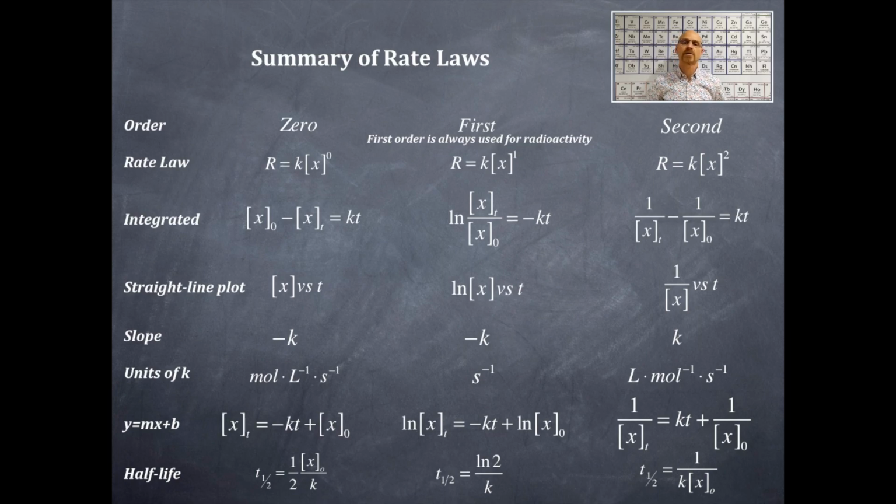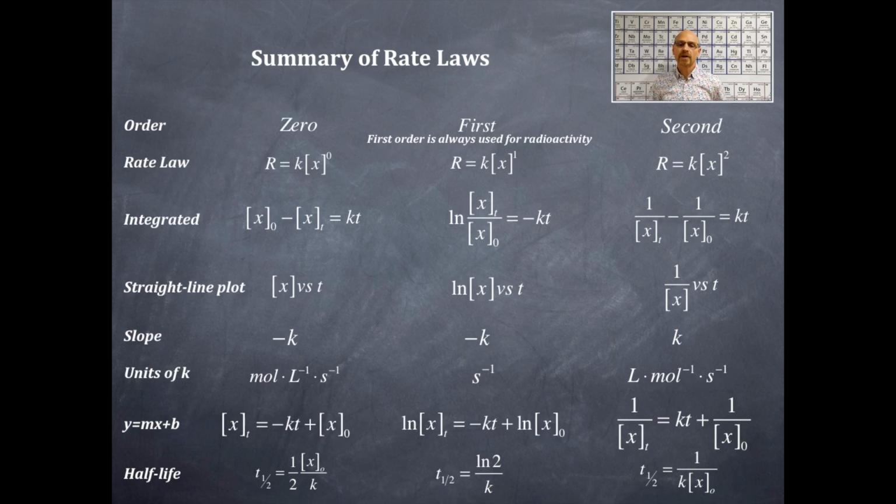That's unlike zero and first order. The units of k are liters per mole per second. So that's flipped from what is zero order. I hope you see that for the moles and the liters and the moles right there. The y equals mx plus b format is 1 over x sub t equals kt plus 1 over x sub naught.